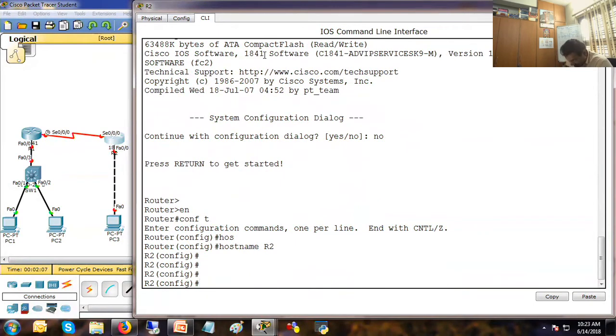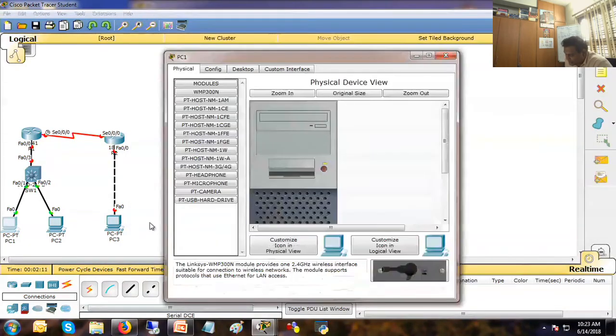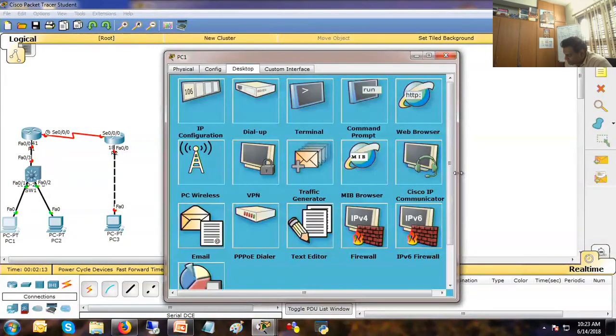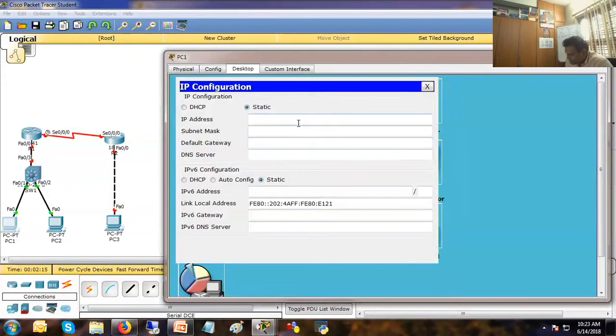Next is IP address. Tell me the IP addresses, Yogesh. PC1: 192.168.10.2. You need to tell me, you don't need to wait for me.